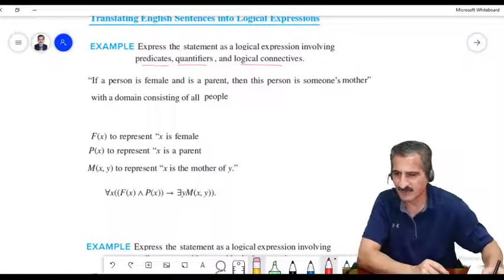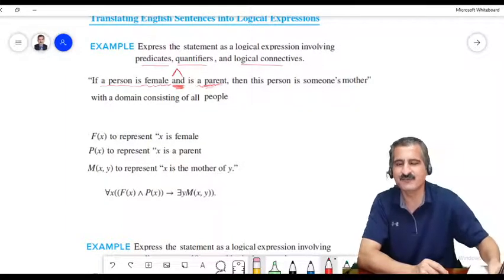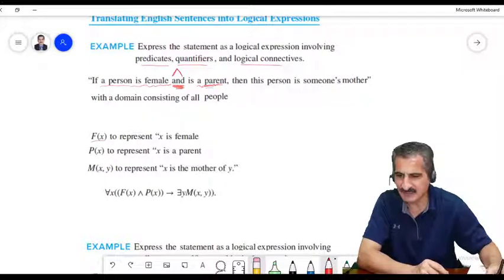Okay, so if a person is a female, so we have "and" here. So we will have "and" a parent. So we will say F(x) means x is a female, P(x) means x is a parent.